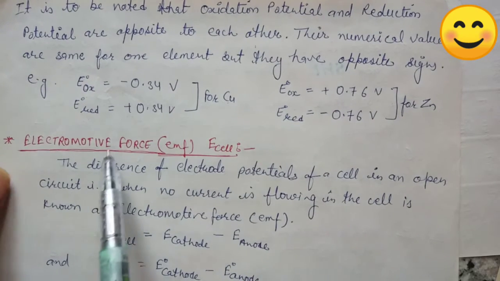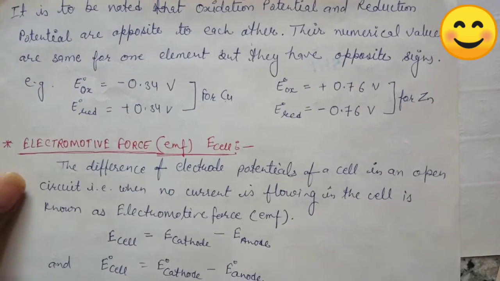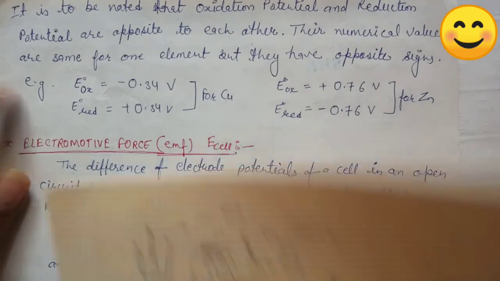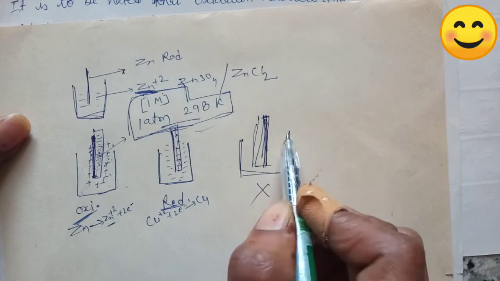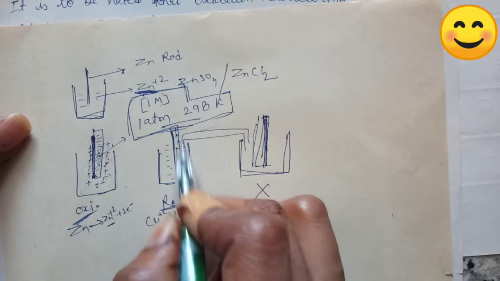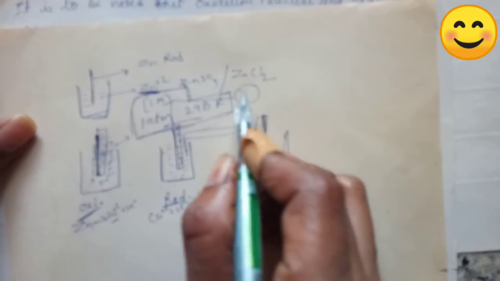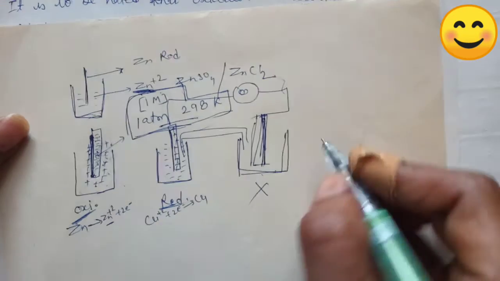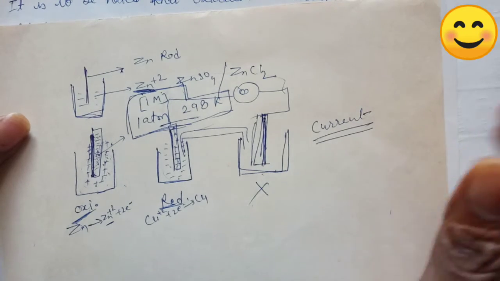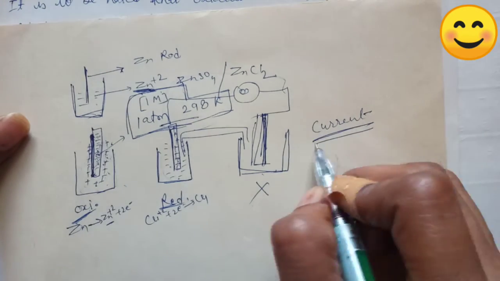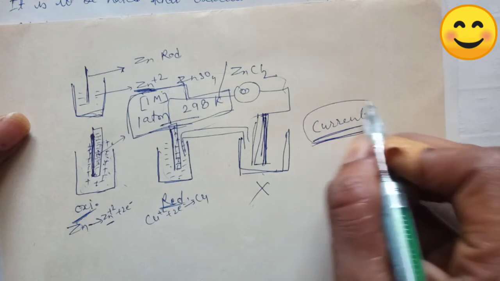Okay, next is electromotive force. What is electromotive force? We see that when we couple any two electrodes by a salt bridge and key, the circuit is completed. As the circuit is completed, current starts to flow. We have seen it. Why?